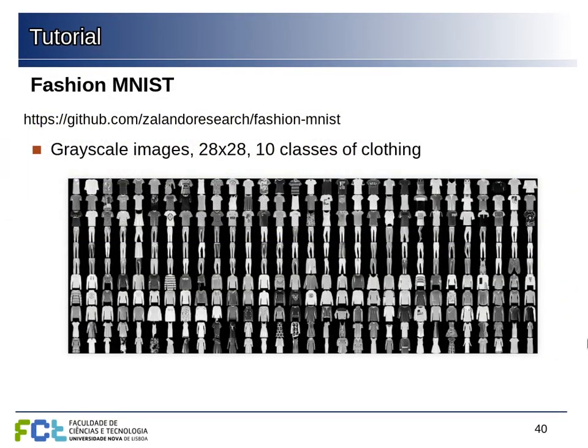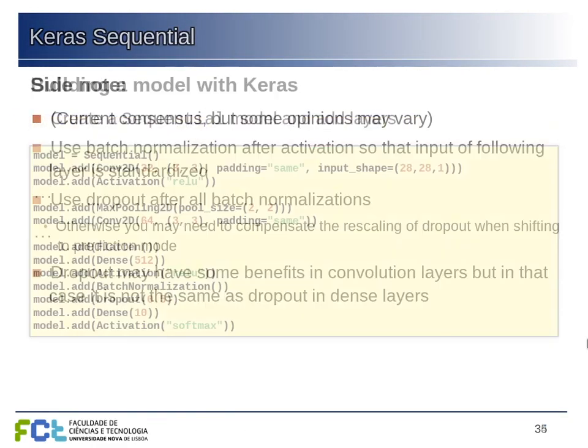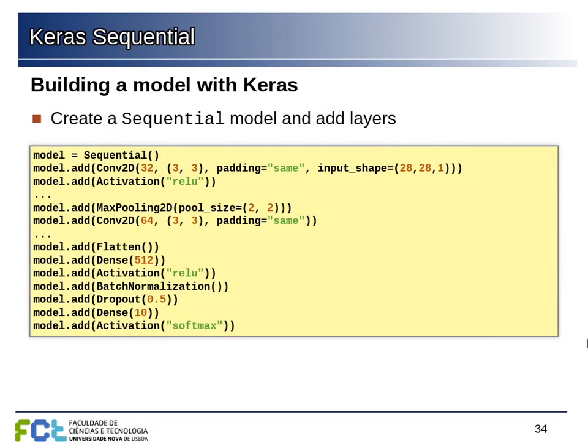Each image is a 28 by 28 grayscale image, and there are 10 classes of clothing that we need to classify. So we are going to say that the input is a tensor of 28 by 28 for each example, with only one channel in depth. If you had a color image, then you would have 3 channels of depth for red, green, and blue. In the case of grayscale, you only have 1.